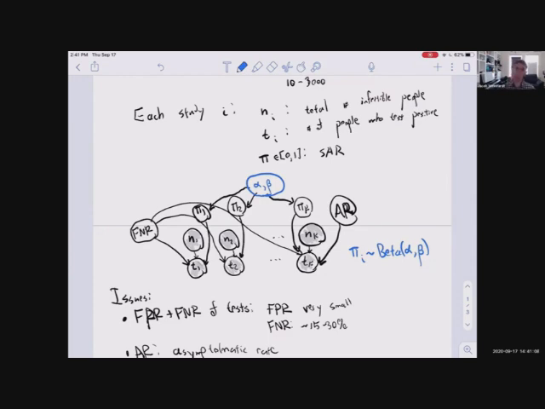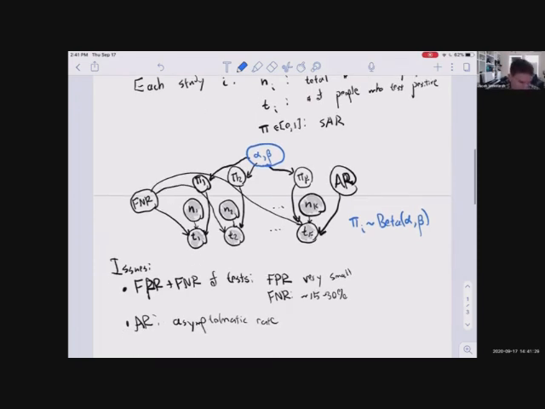And then we can fit these hyperparameters to data. And this is going to tell us something about the distribution of the pies, right? Given alpha and beta, we can figure out what the mean is, and we can figure out what the standard deviation is. So it tells us both the average value of the secondary attack rate and also what the variability should be. And so this is pretty much the full graphical model from this paper. And I can show you the results of this.